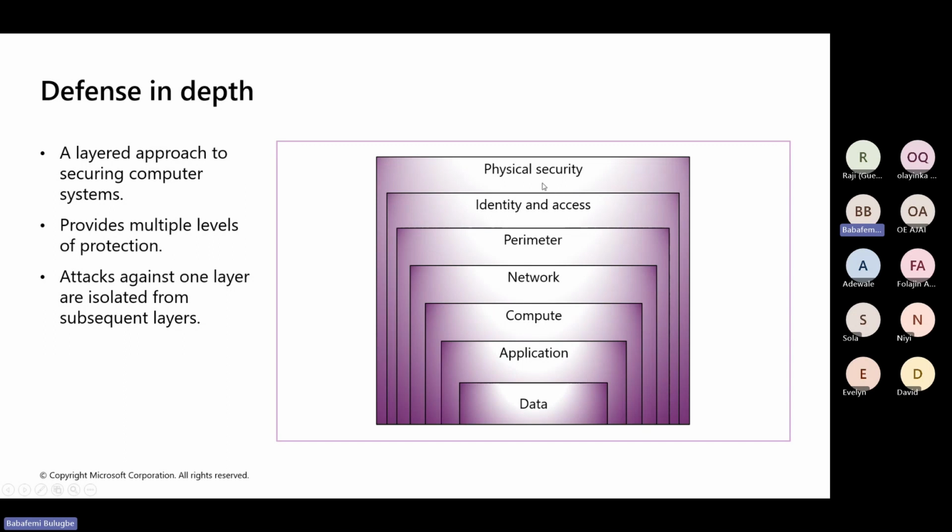So we'll still talk about security in each of these layers: physical security, identity security, where we talk about authentication, the multi-factor authentication, and the perimeter, the network, where we'll be talking about the network security group that I explained the day before yesterday.